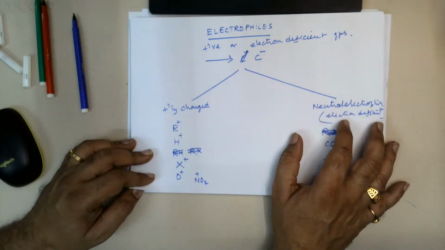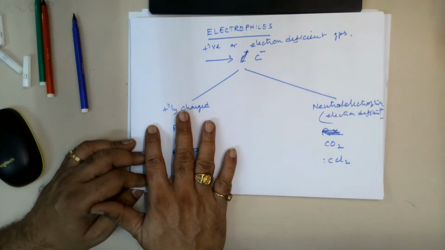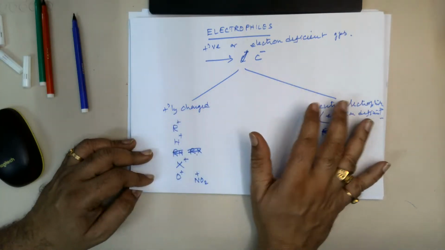Now let us discuss how the electrons are moving in an organic reaction.